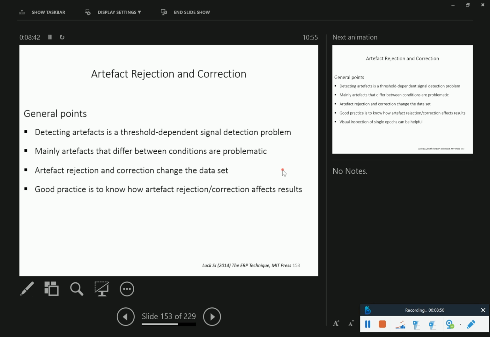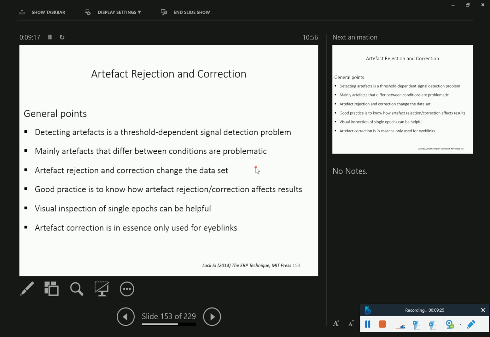Especially for ERP work, I really recommend doing the analysis with different pre-processing steps using different artifact correction methods, and then looking at the results, and knowing what the difference is, and whether you can ignore these differences or should be worried because they actually affect your conclusions. And I also agree that visual inspection of single epochs can be helpful, so that should be done.